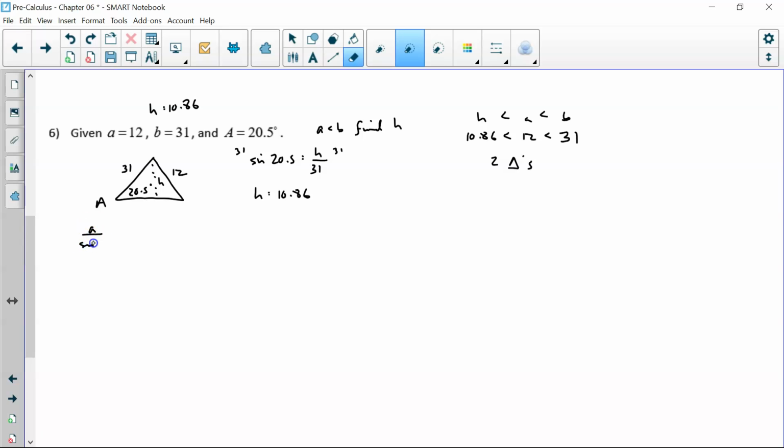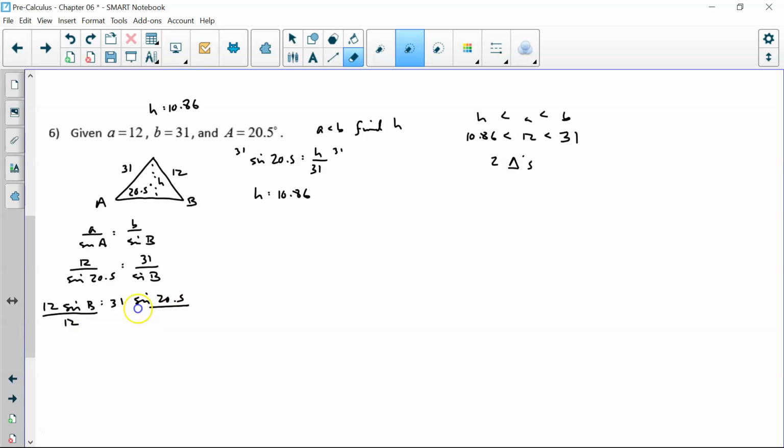So now, using our law of sines, a over the sine of A equals b over the sine of B. So we have 12 over the sine of 20.5 equals 31 over the sine of B. Cross multiply, you get 12 sine B equals 31 sine 20.5.